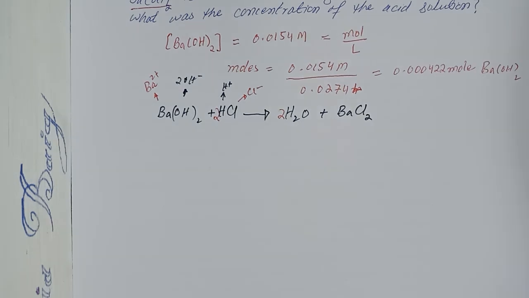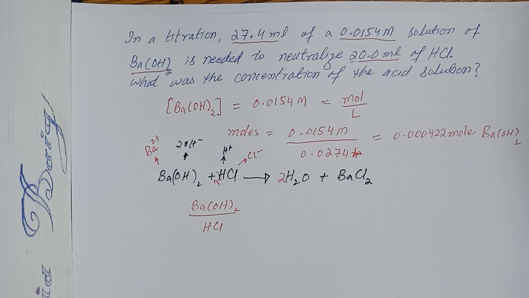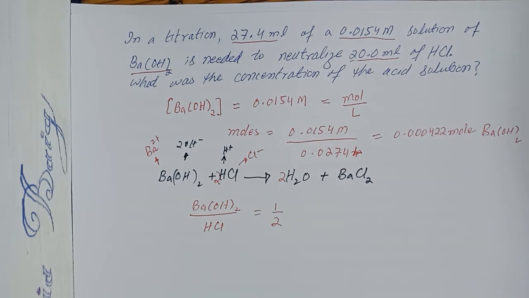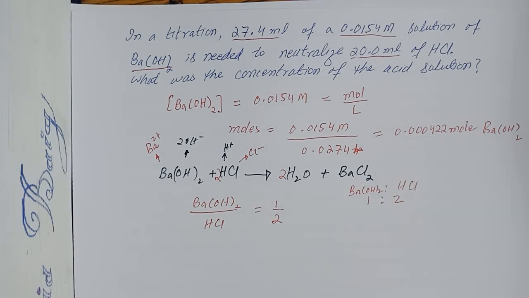So simply you can set up a proportion. So let's talk about the ratio between barium hydroxide and HCl, that is 1/2. Or a simpler way to express the ratio, that is 1:2 between barium hydroxide and HCl.